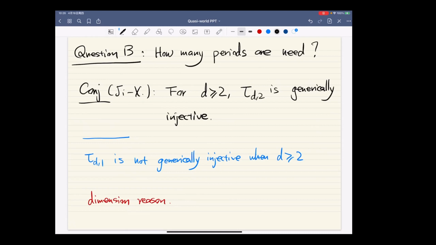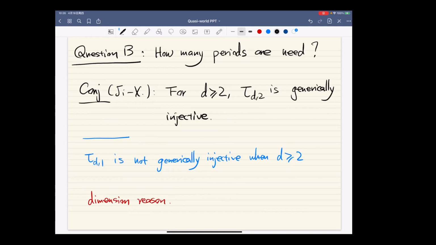But maybe we may ask for some more effective version. So how many periods are needed? So here we propose a conjecture. We think that for d at least 2, we only need to consider the fixed points and period 2 points. So we think that tau_d^2 is already generically injective.